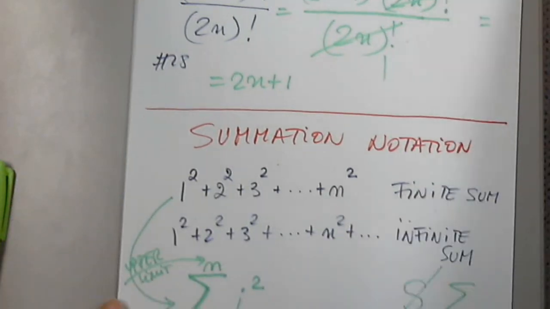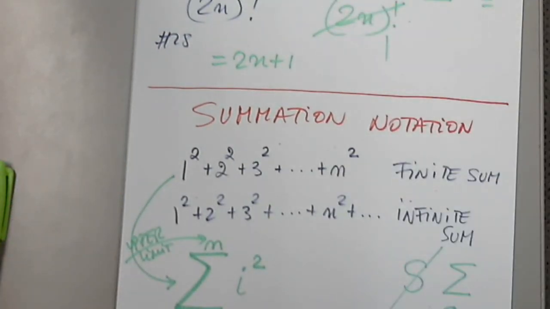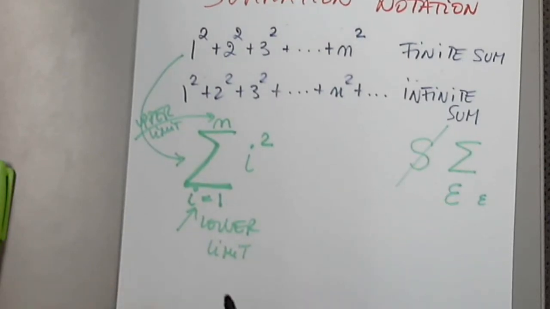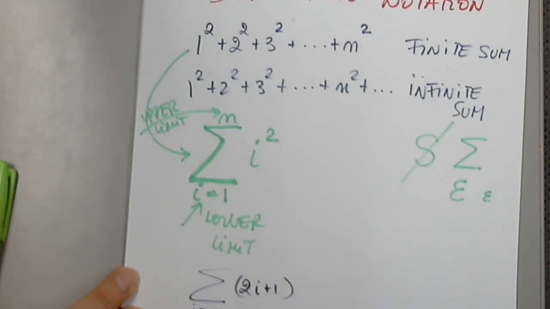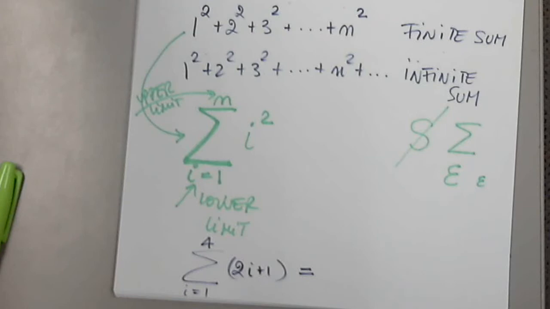Now let's take a look at a very simple example, and you'll tell me what it means. I will say this to you. The sum of 2i plus 1 from I equals 1 through 4. How many terms does this sum have?